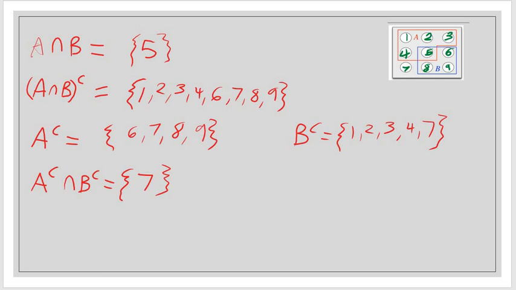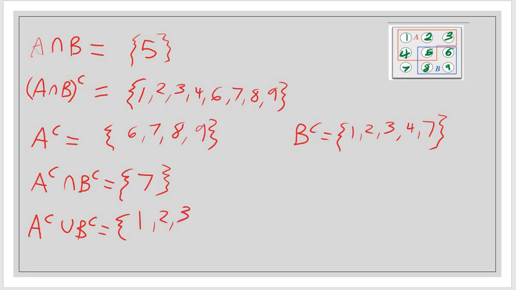But what if I take a look at the union of A complement and B complement? That means I want everything that is in at least one of these sets. So that's 1, 2, 3, 4, 6, 7, 8, 9, isn't it?